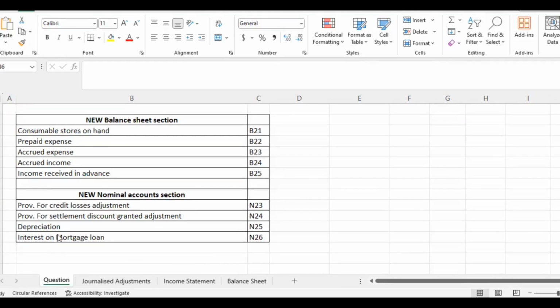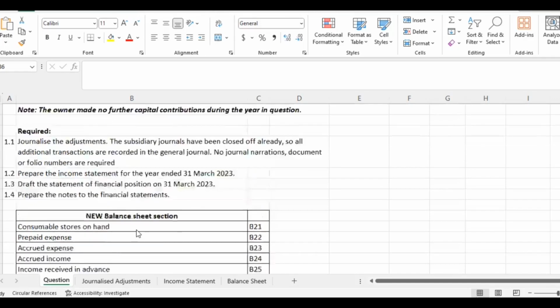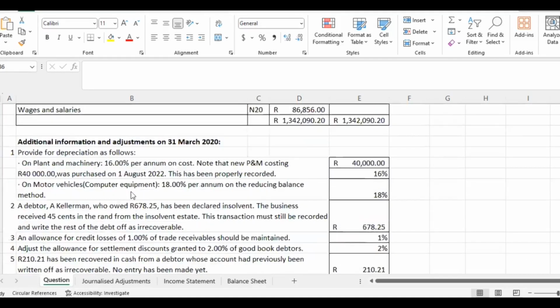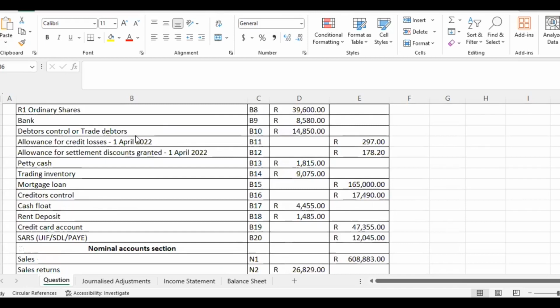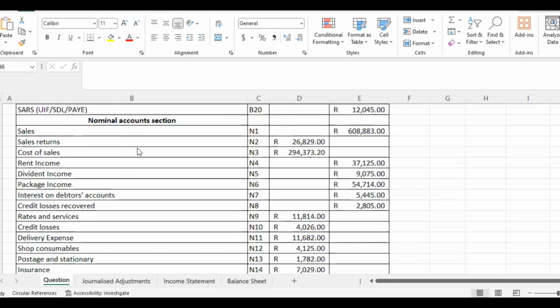Then there is depreciation that happened and that we do not find in our income statement, but that was the topic of our first two adjustments. And then there's the interest on the mortgage loan, which we have to add to interest in note 2, because that also didn't appear here in our pre-adjusted trial balance in the nominal account section.